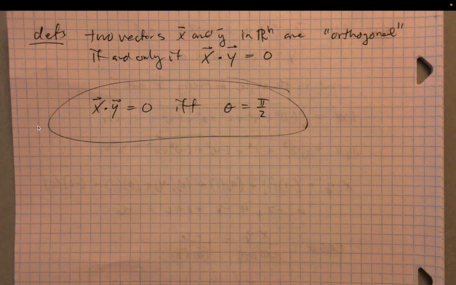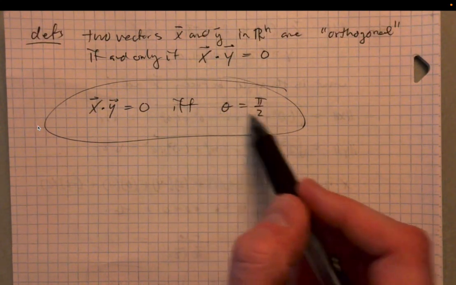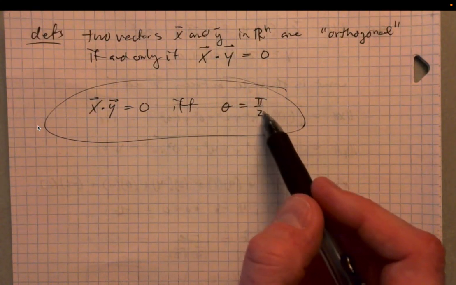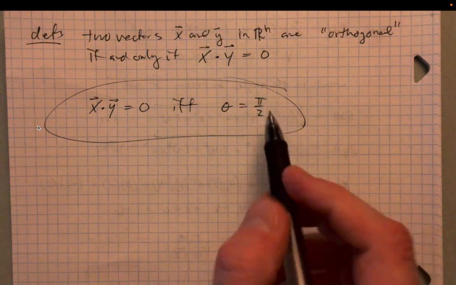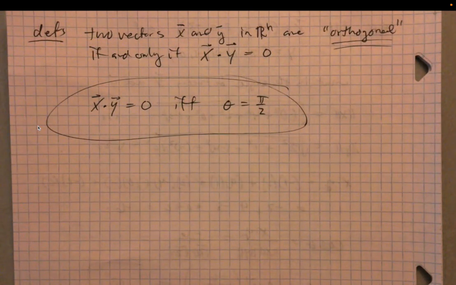But in a geometric sense, orthogonality refers to the angle between the vectors being equal to pi over 2, or 90 degrees. Orthogonal also can be thought of as perpendicular, right? So x and y are perpendicular to one another when they're orthogonal.